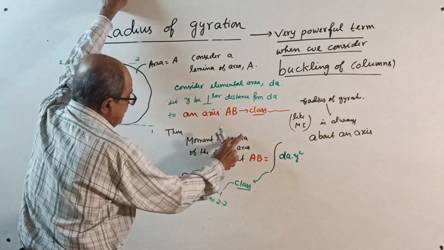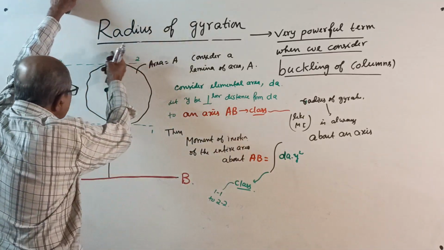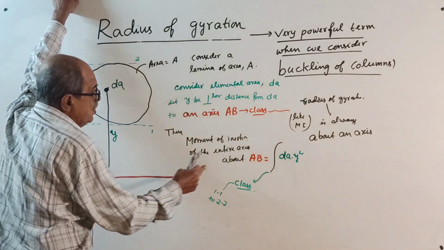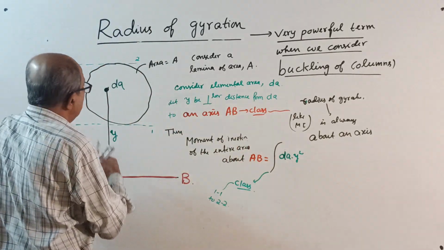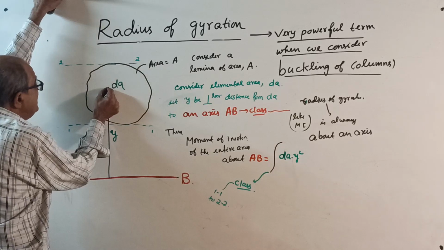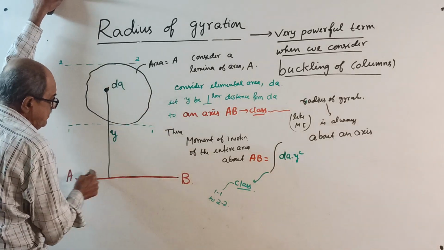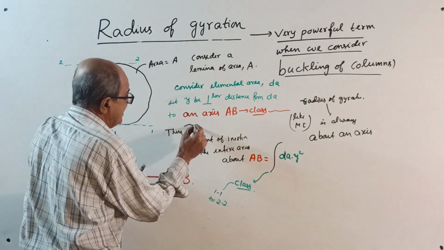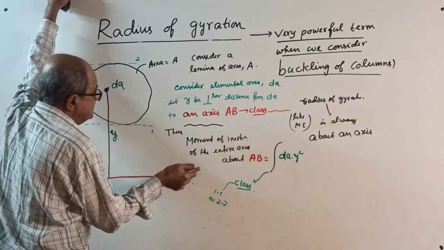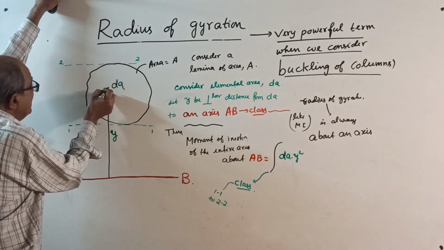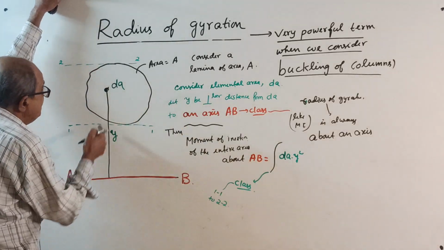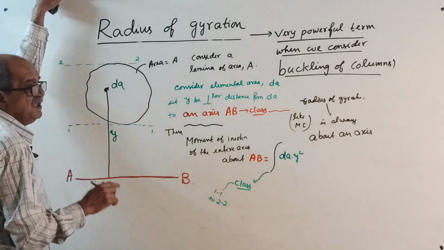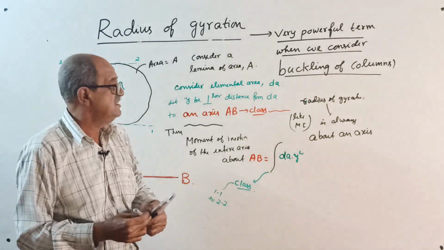Then, moment of inertia of the entire area about AB. First of all, make a note: moment of inertia of the elemental area dA about AB is dA into y square, area into square of the distance.